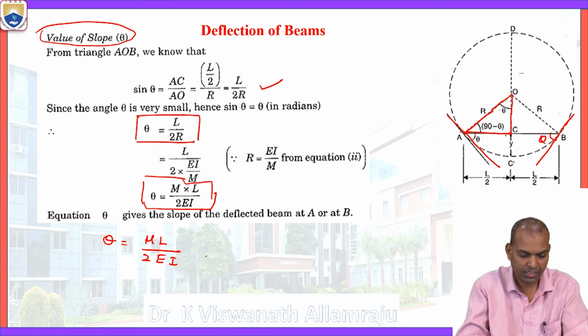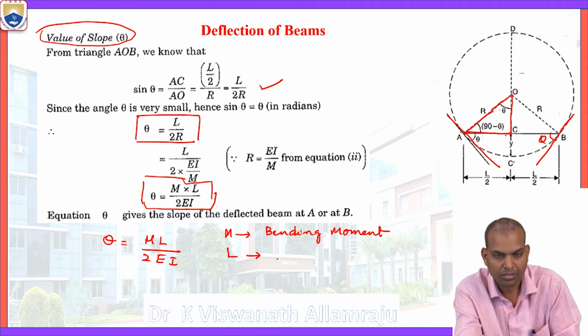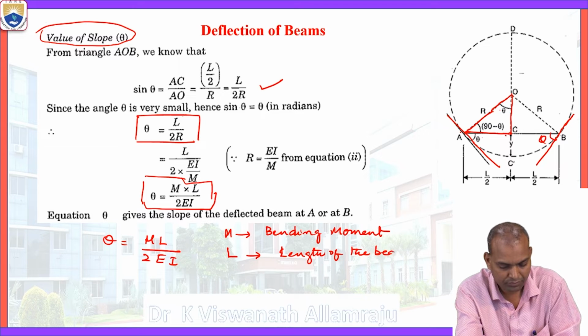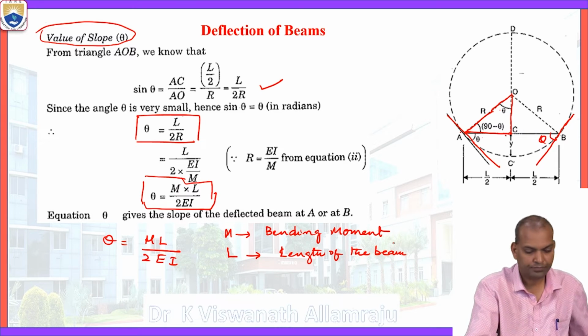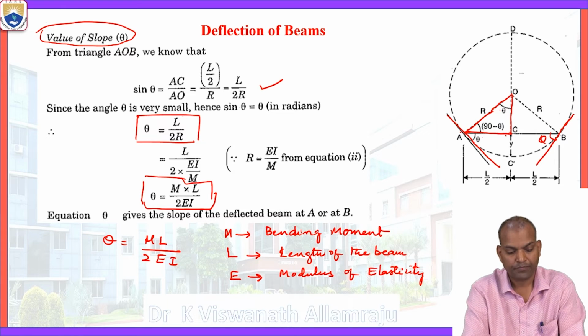Where, what is the M here? M is the bending moment or moment resistance. L is the length of the beam. E is the modulus of elasticity.